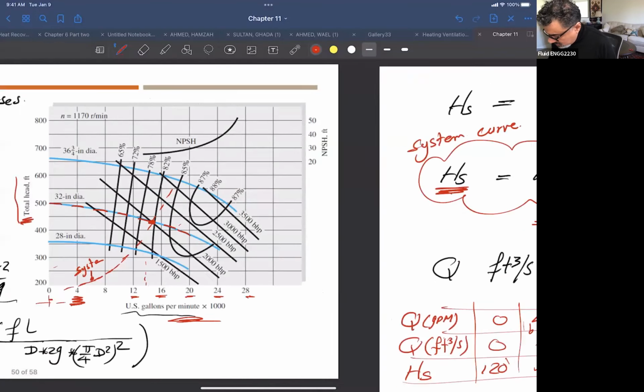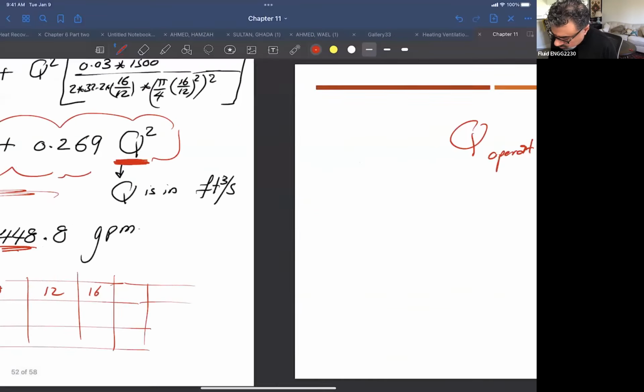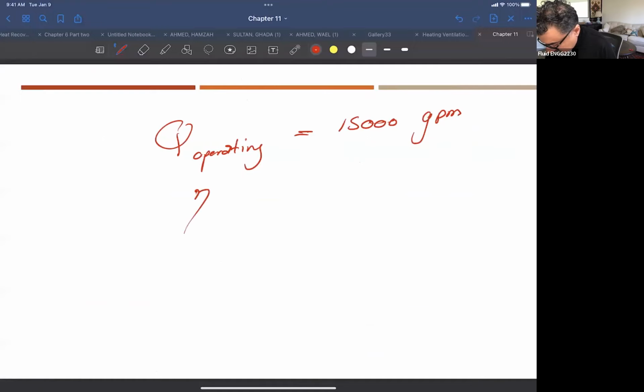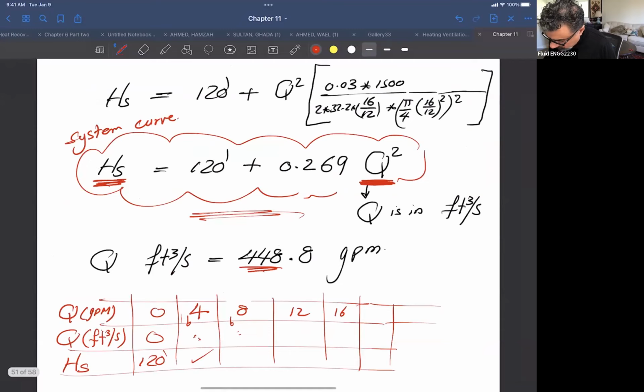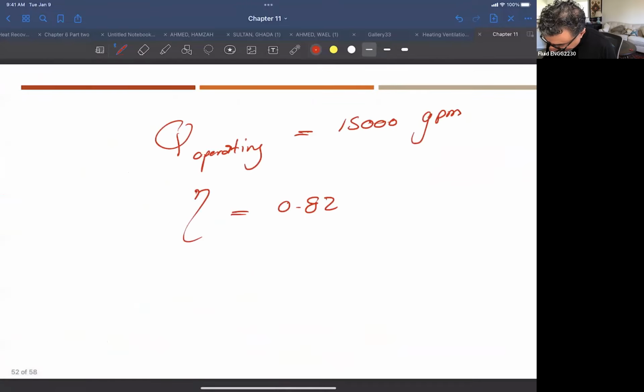So let's see here, this is times 1000, so it's about 15 here. And the efficiency is very close to 82%. So the efficiency of the pump is 0.82, something like that.